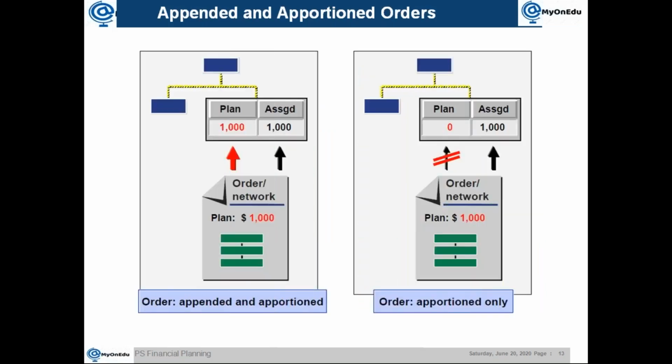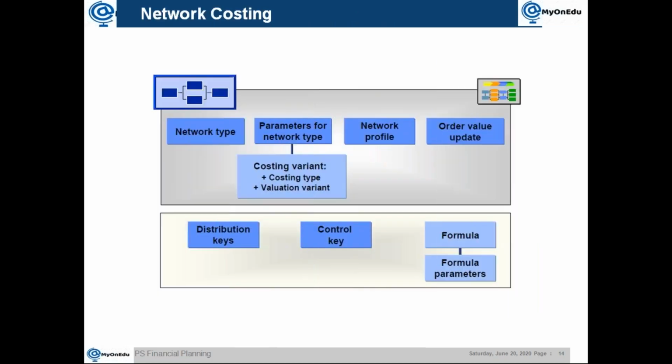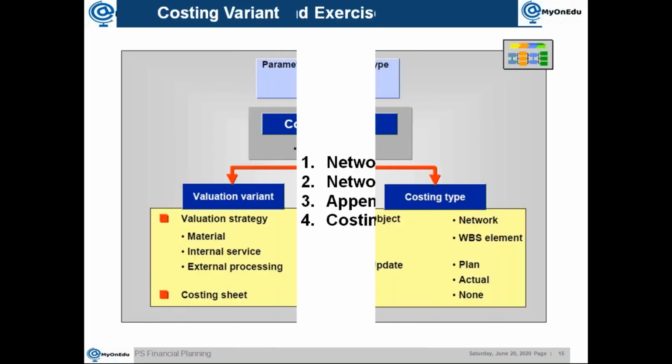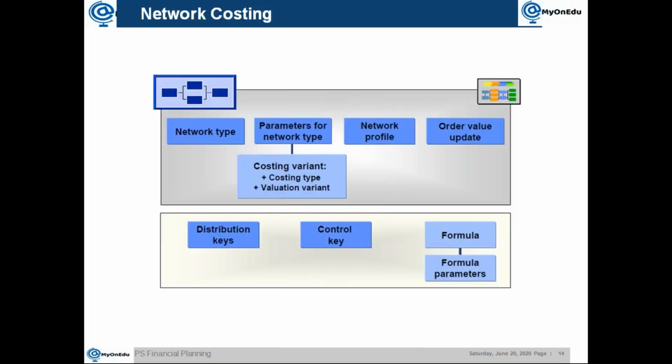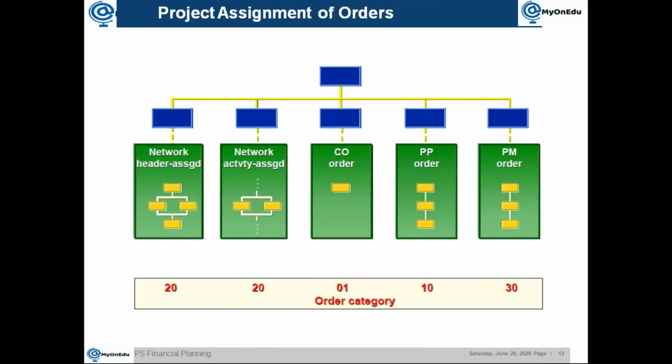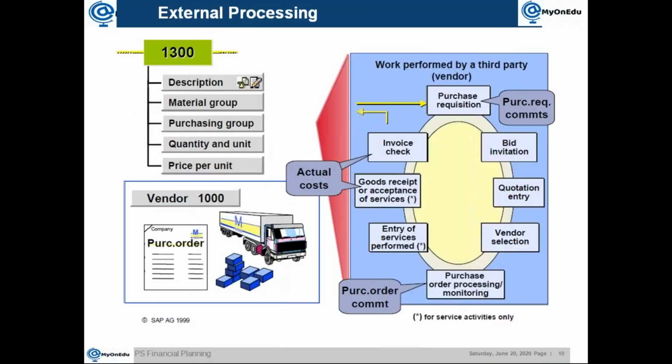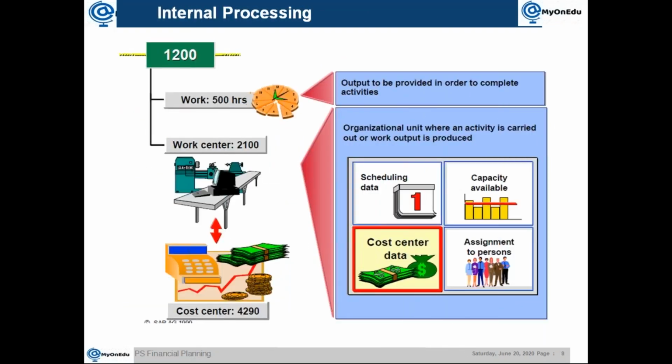So this is the settings portion that I will explain, and these are the configurations. Like we need to have a costing variant. Again, costing variant is done by finance, which you need to understand what is happening with that. Then these are the parameters, distribution key, control key, formula, and all those things we need to understand. So this is just an overview, but we need to jump into detail of each.